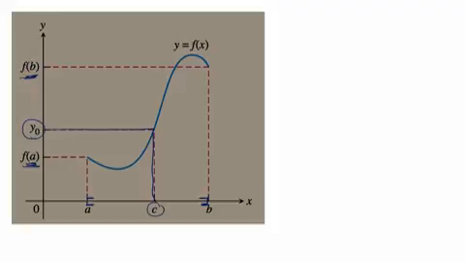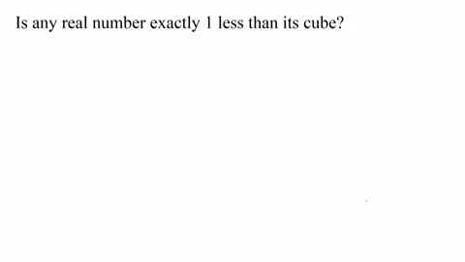Let's try an example. Is any real number exactly 1 less than its cube? In order to answer this question, we must solve the equation x equals x cubed minus 1.